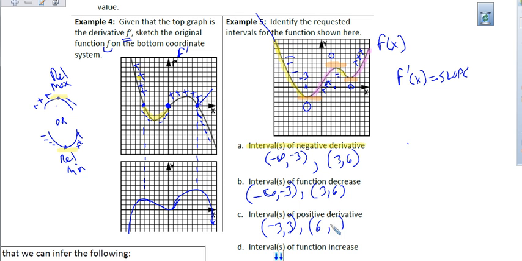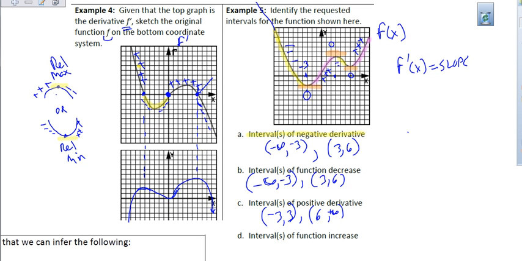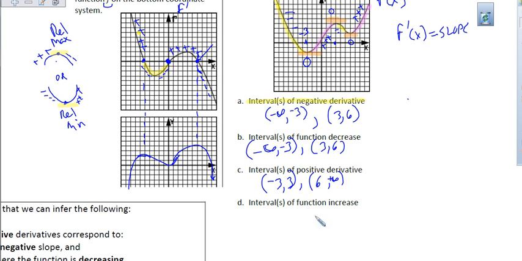And then it continues on to positive infinity. So just like in part B, where the function was decreasing based on the derivatives, the same thing is true on D. So between negative 3 and 3, and between 6 and infinity, it's increasing.